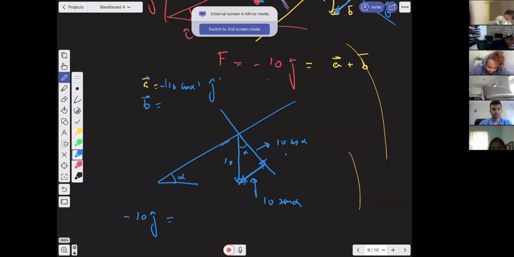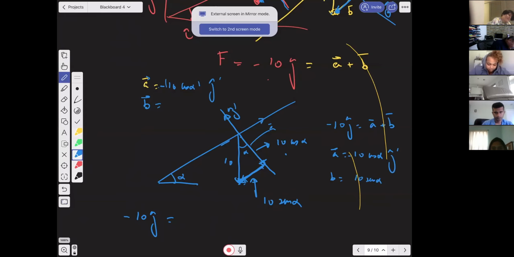If I call this vector A and this vector B, I know that minus 10j is equal to A plus B. But A is 10 cosine of alpha in the j prime direction, and I put it minus because j prime goes up. And B will be a magnitude that is 10 sine of alpha.